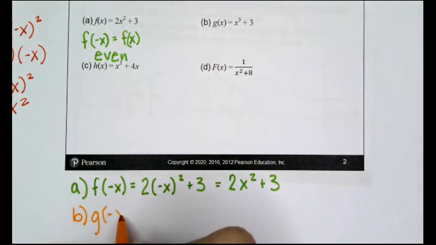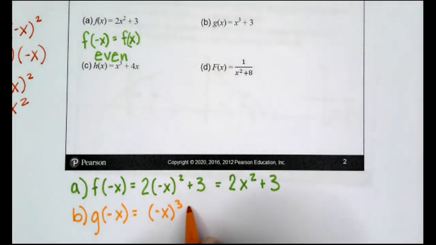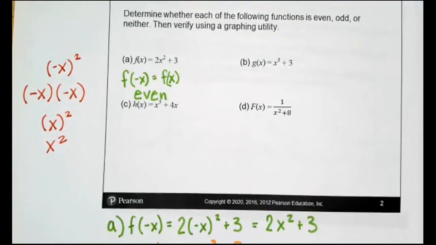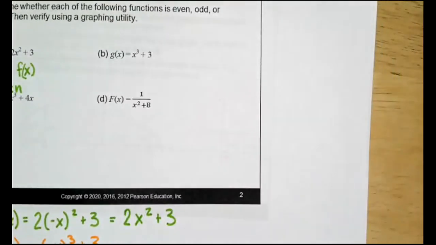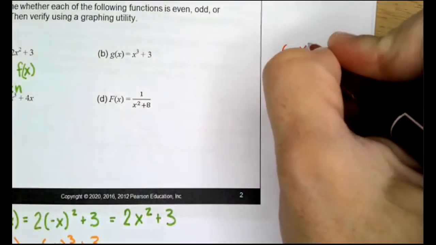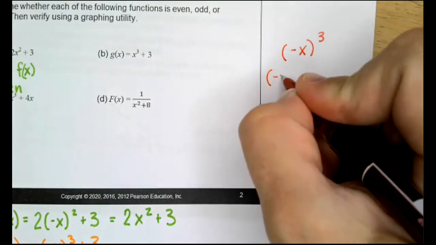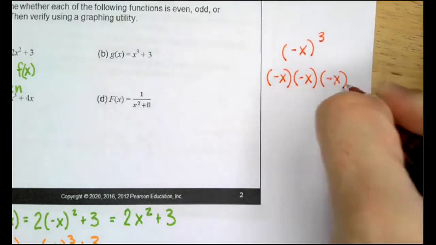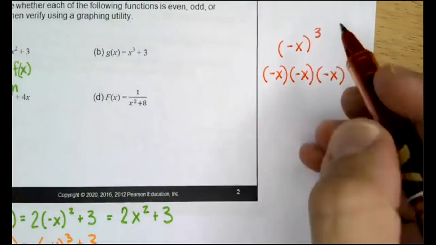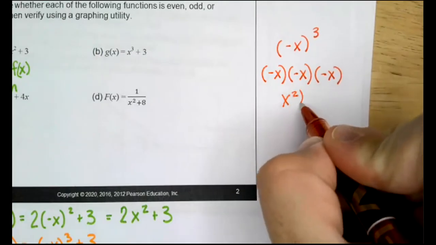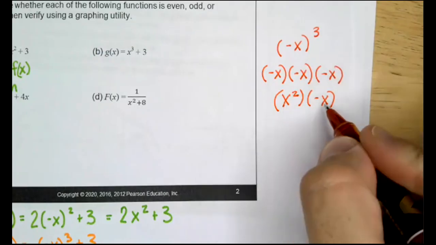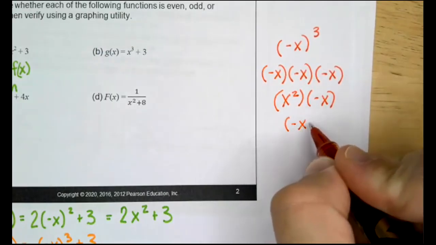So let's do g of negative x is negative x to the third plus 3. So here we did negative x squared. Let's do negative x to the third. A negative times a negative becomes a positive x squared times a negative x. And positive times a negative becomes a negative.